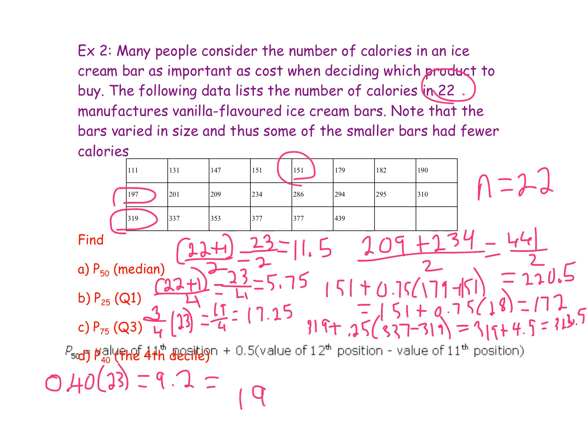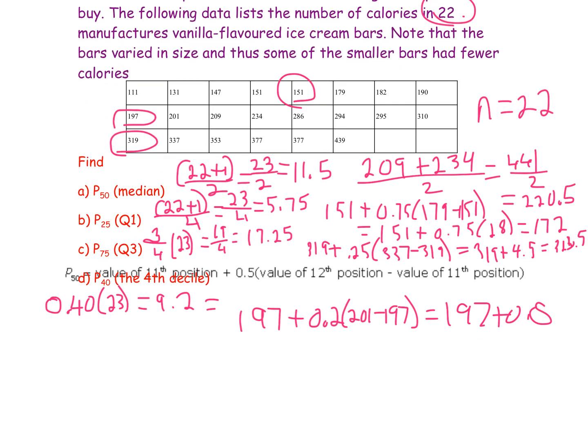So 197 plus 0.2 of the difference between 201 and 197, which is 4. And so that's 197 plus 0.8, and that's 197.8. That is super messy.